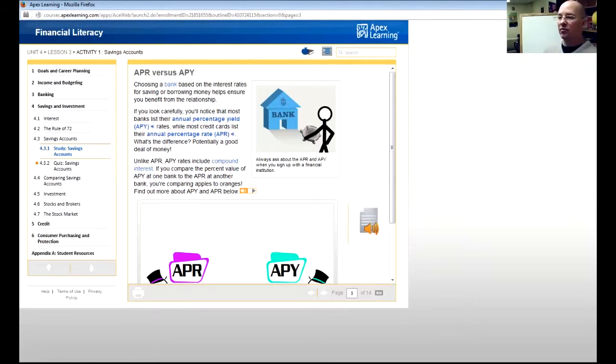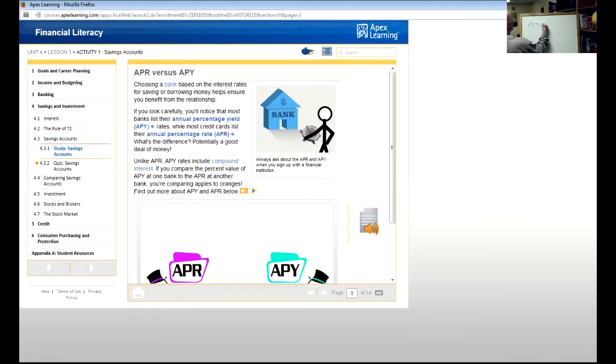So instead of figuring out how much interest you're going to earn over a year, let's say your savings account compounds monthly, instead of figuring out each month how much interest you're going to earn after it compounds, you can use this APY formula first, figure out what APY is, and then use your interest formula, which is simply principal times rate times time.